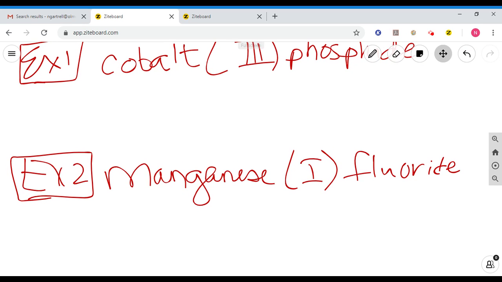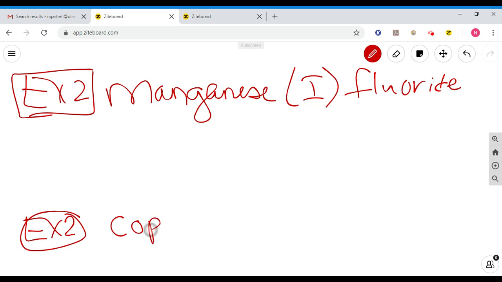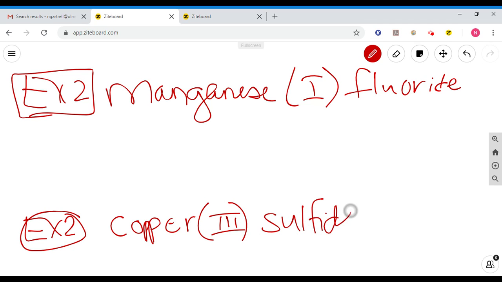And then for our last example, let's do copper, sorry, copper 3 sulfide. Okay, so go ahead, copy these down, pause the video, and complete them. When you're done, play the video.